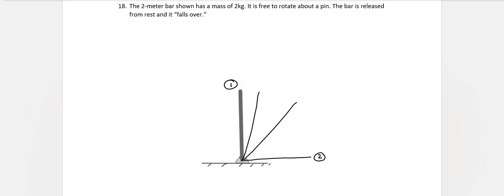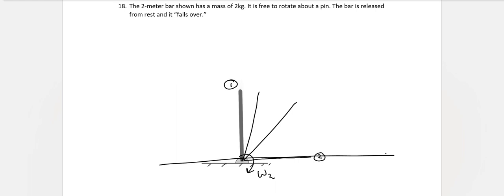The object has an angular velocity at position 2. It is rotating. So I would write out the work energy theorem: PE1 plus KE1 plus work equals PE2 plus KE2. If we put a datum at this level, the PE2 would be 0.